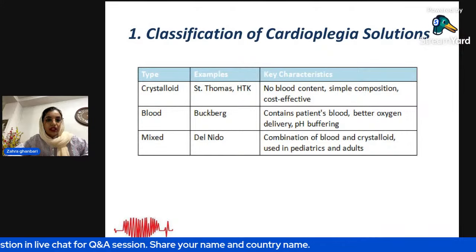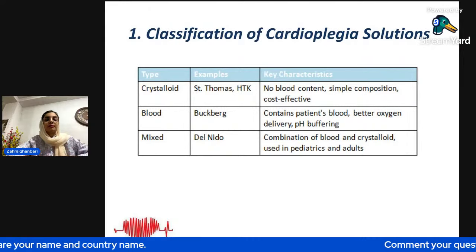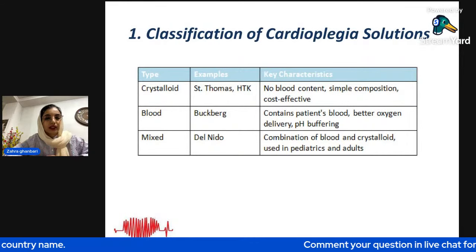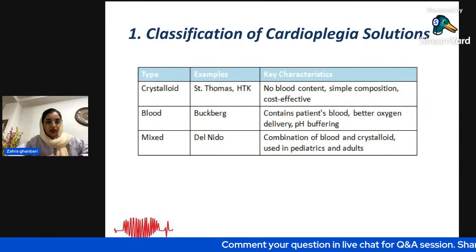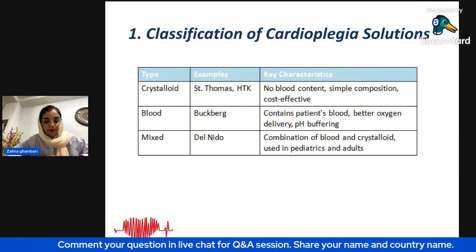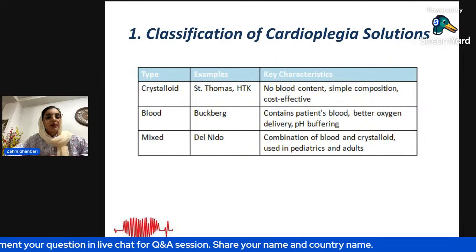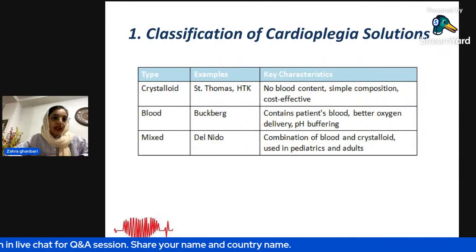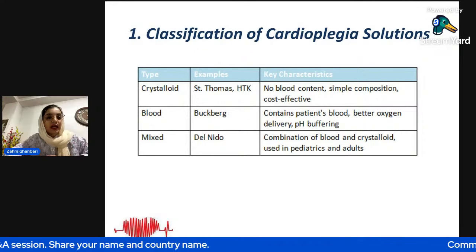The disadvantages are a more complex preparation and delivery system, and risk of hemodilution and microembolism. An example of this type is del Nido, and the other one is microplegia.